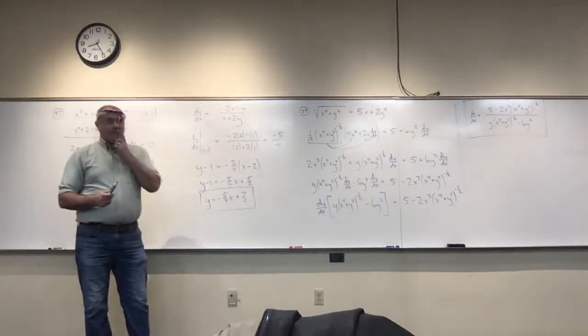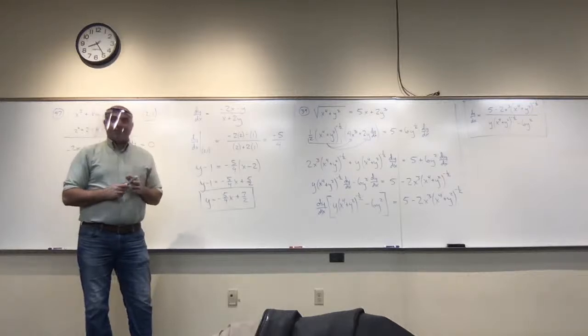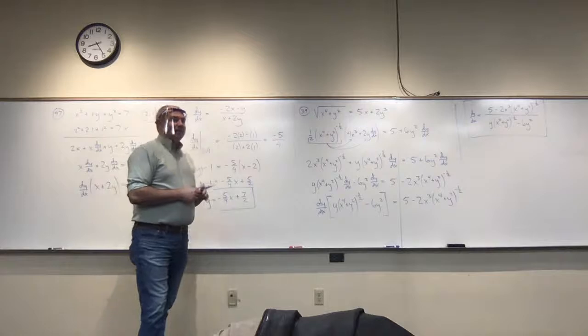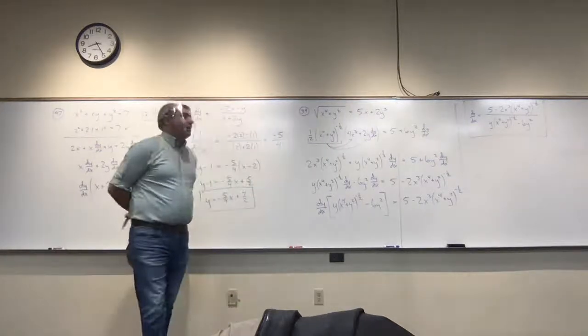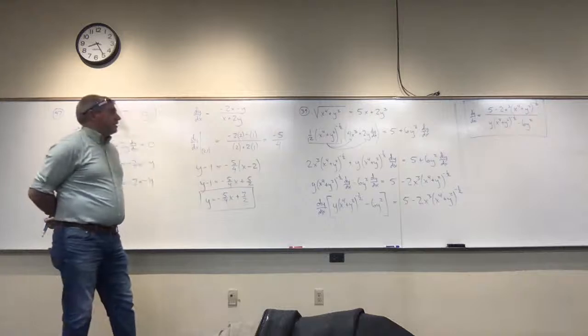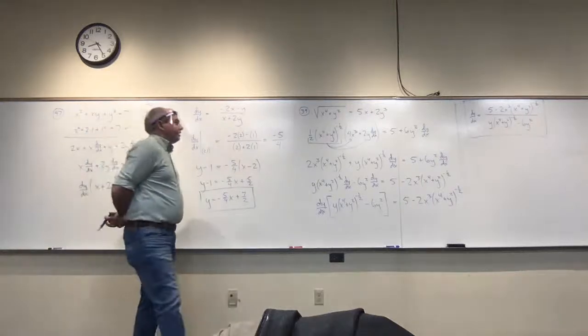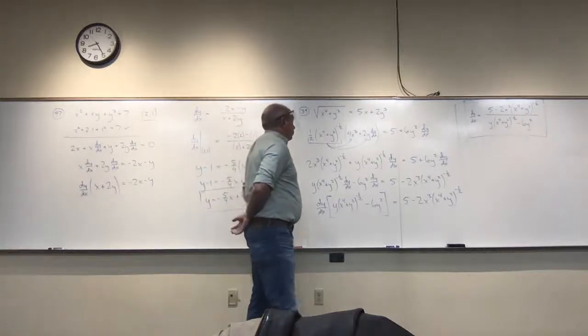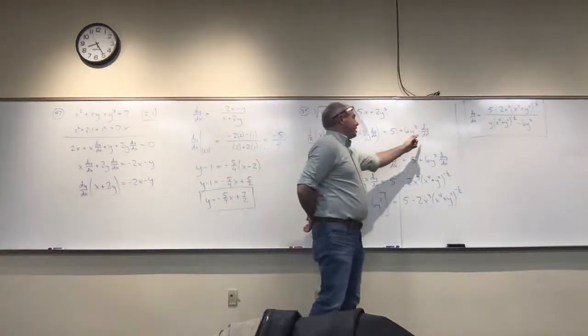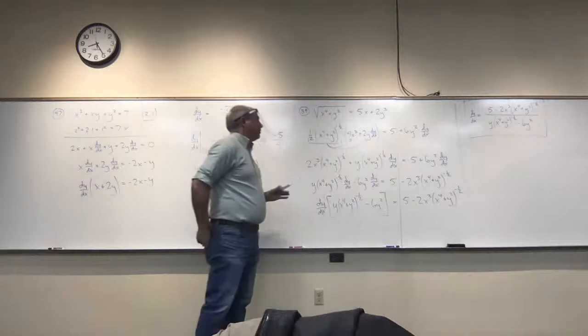Yeah, some of these implicit differentiation problems test your algebra skills, right? It's kind of like, hey, do you remember your algebra stuff? And then the bigger question is, it's really important that you get the derivative right. There's two pieces to these problems.